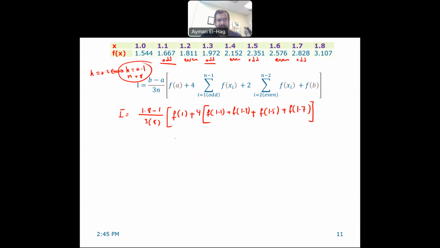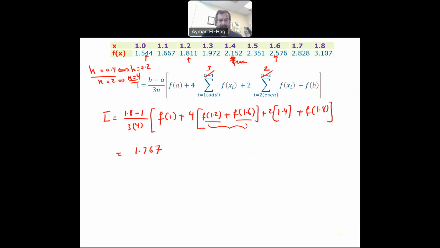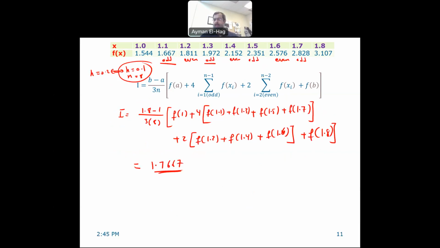Close the bracket, plus 2 for the even, which is f of 1.2 plus f of 1.4 plus f of 1.6. And then finally plus the end of the integration, f of 1.8, and this will give me a value equal to 1.7667. Compared to the previous one, they are almost the same. So this means that we are converging, and converging faster here for the 1/3 Simpson rule.